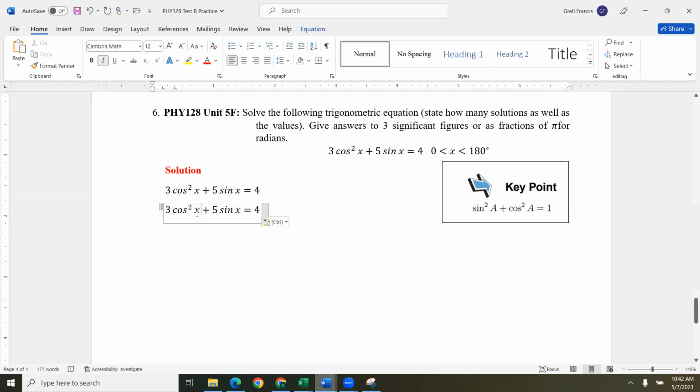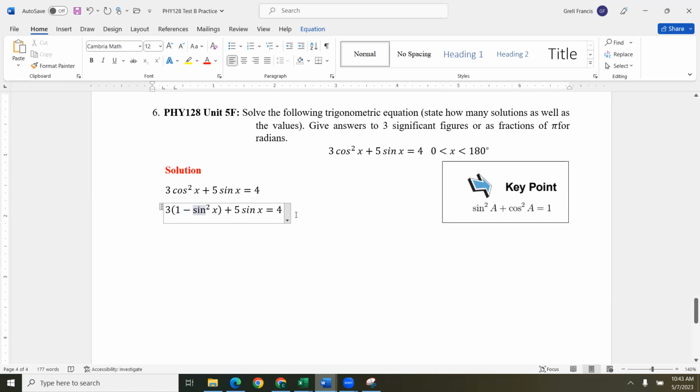So we're going to delete that cos squared of x here, and in its place, we are going to put 1 minus sine squared of x, sorry. Cos squared of x is equal to 1 minus sine squared of x.